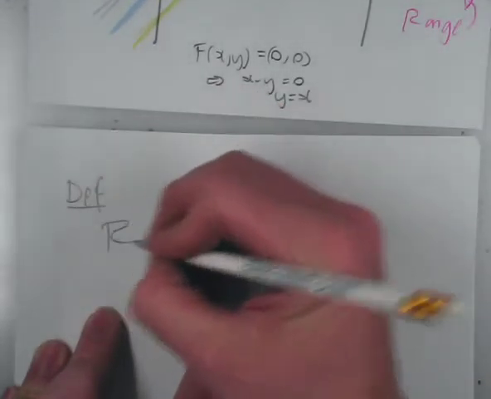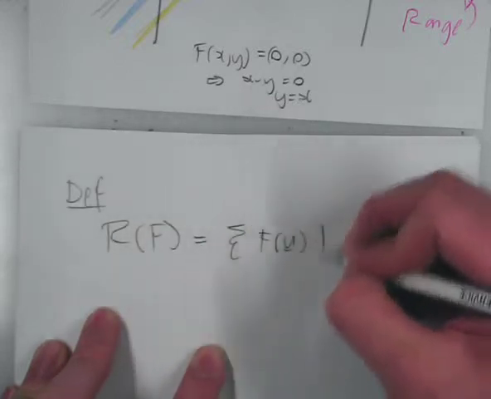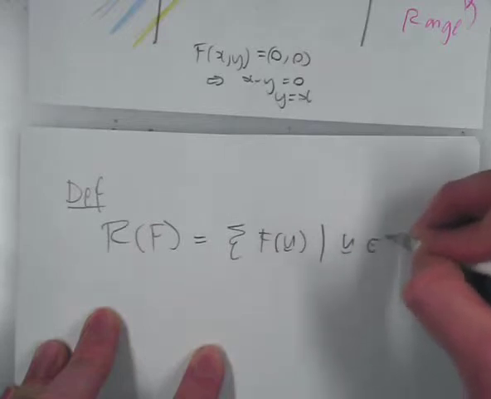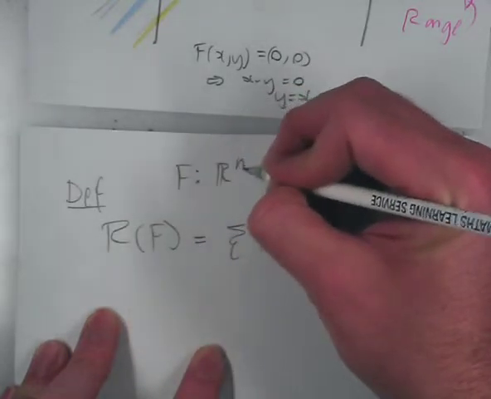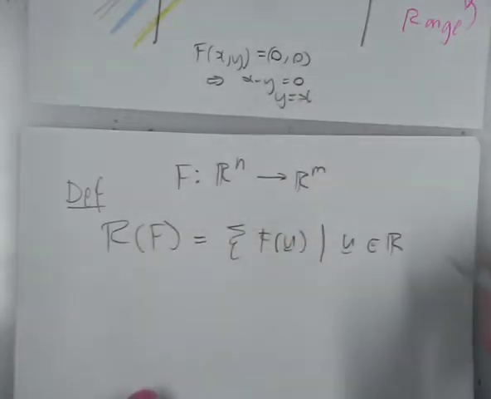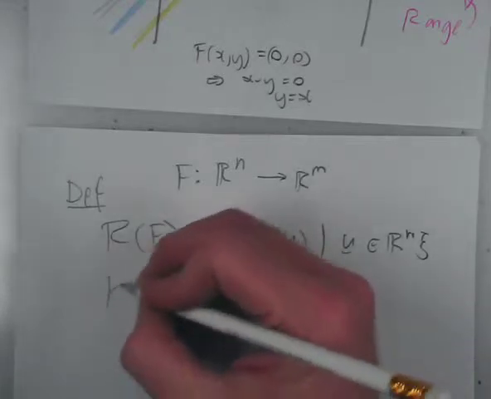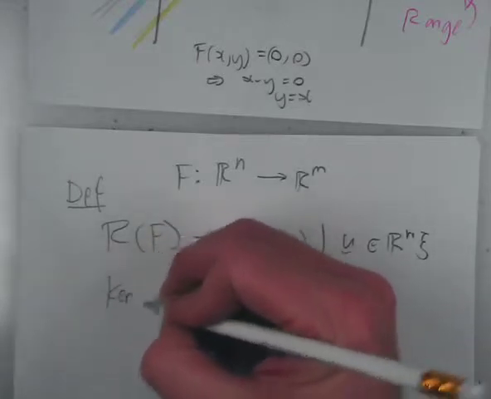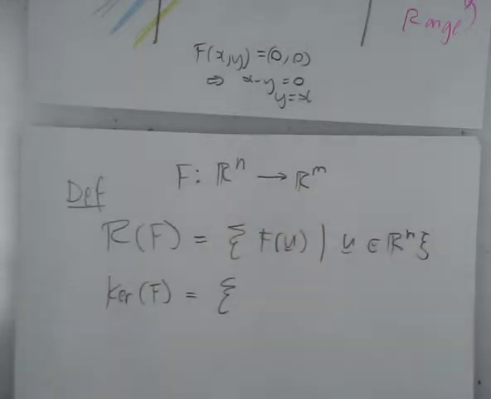We know that the range of f is the set of things that can be written as f of u, where f sends Rn to Rm. So the range of f is the set of outcomes, and the kernel of f is the set of inputs that produce the 0 vector.